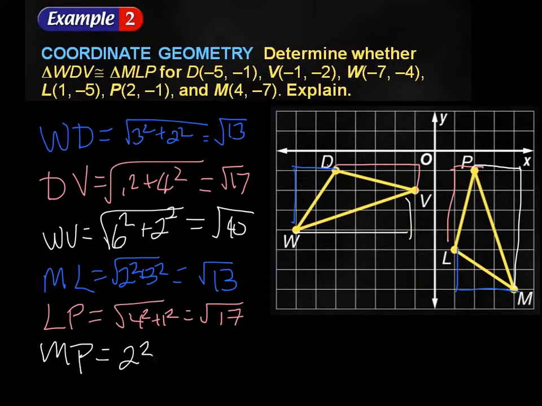So 2 squared plus 6 squared equals C squared. So we're going to take the square root, and I get the square root of 40 there also. So since the sides are all congruent, we can conclude that the triangles are congruent as well, side-side-side.